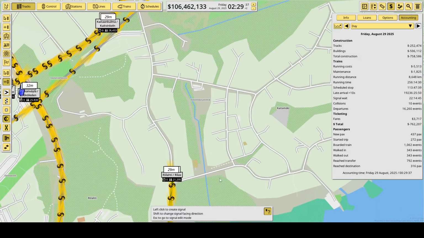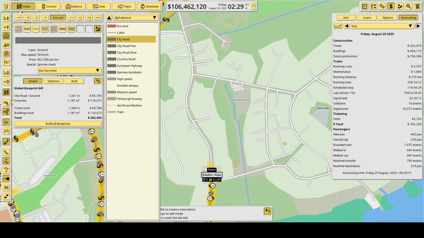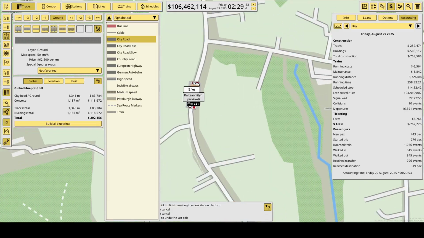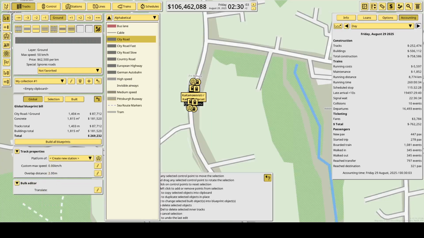And after Rilahti, we will then have a stop at Kaitamäen Risti. Kaitbakskorset. There we go.